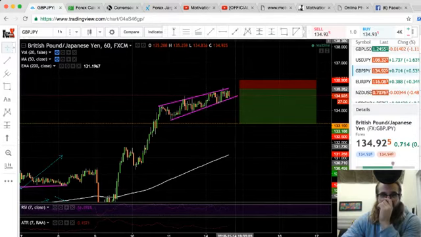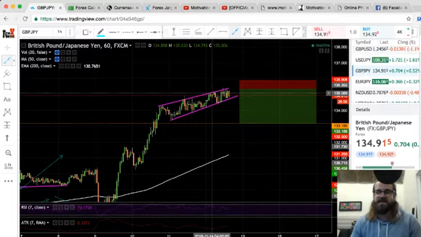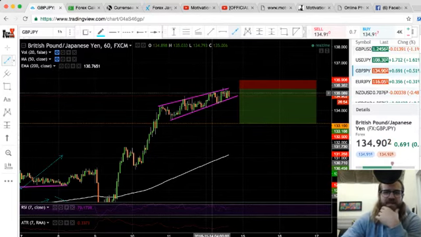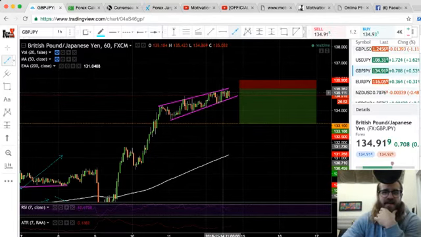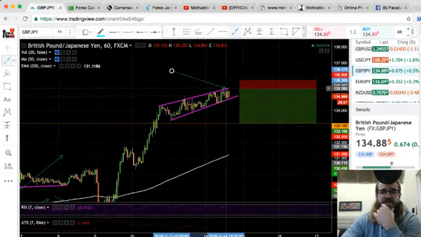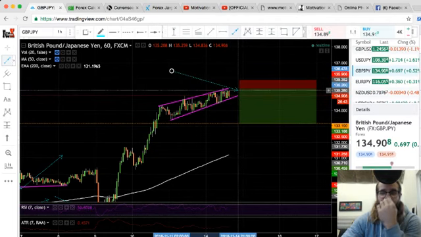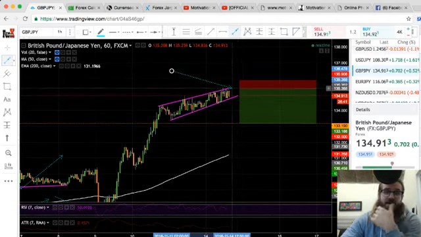Now I want to show you guys the conservative way to trade this wedge pattern here. Now the reason I got involved here at the tops was simply to get this risk to reward. I need a 2-to-1 risk to reward, so I got a better than 2-to-1 risk to reward.